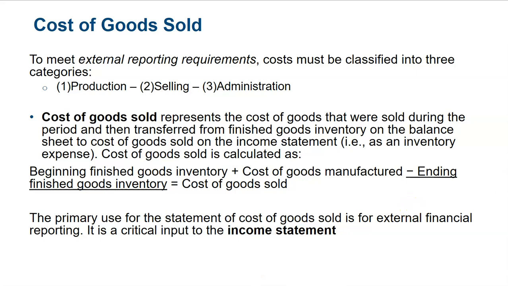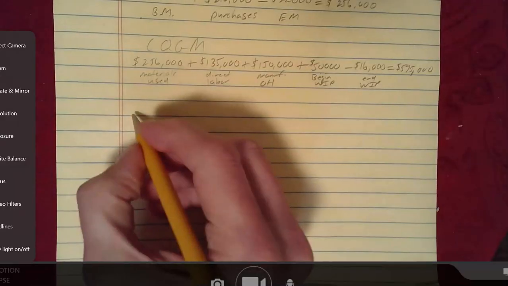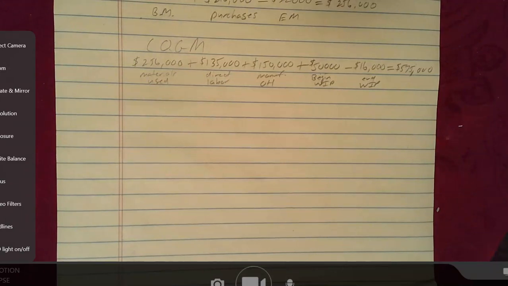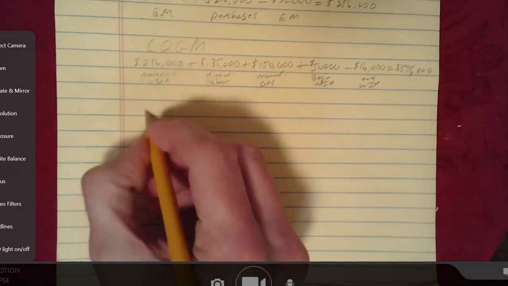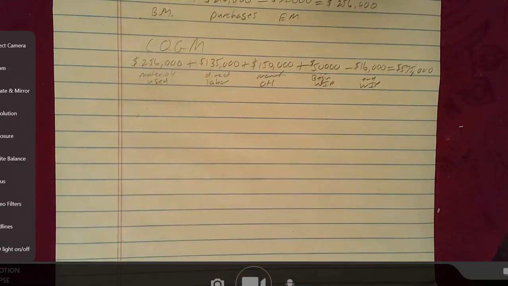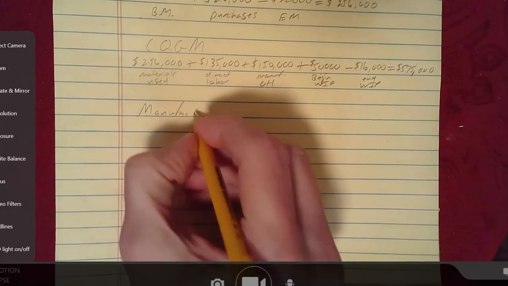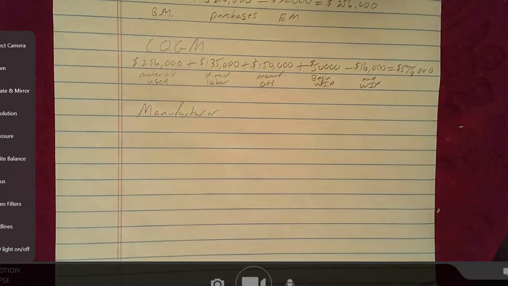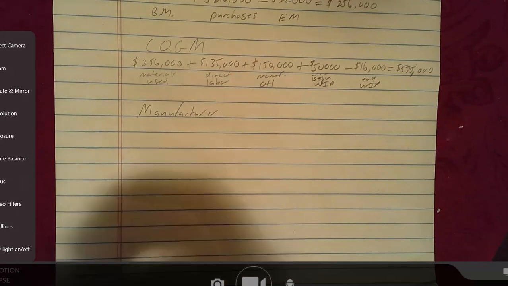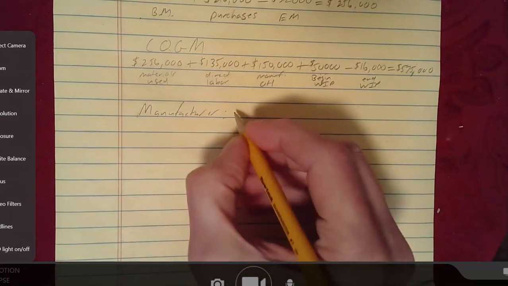So we want to understand something here. For a manufacturer, there are three types of inventory.